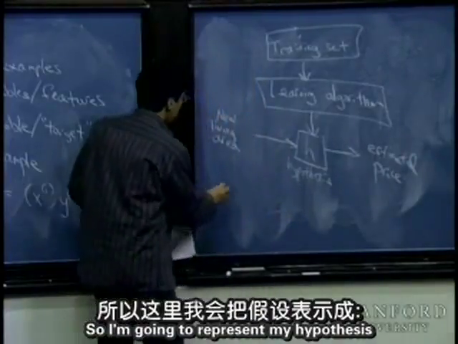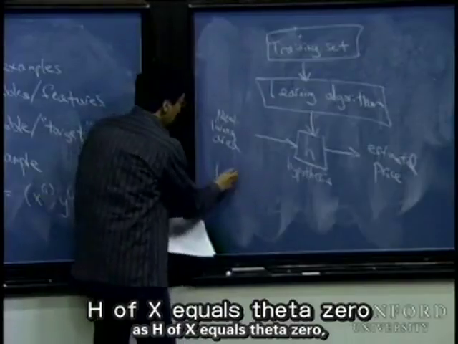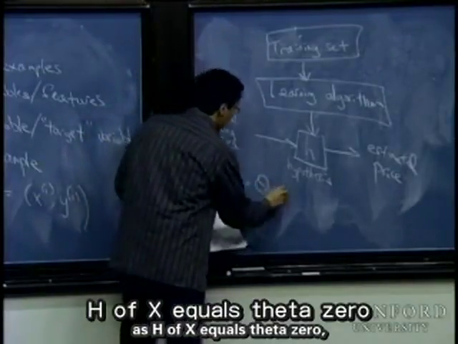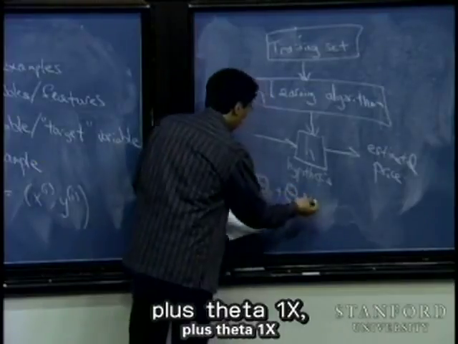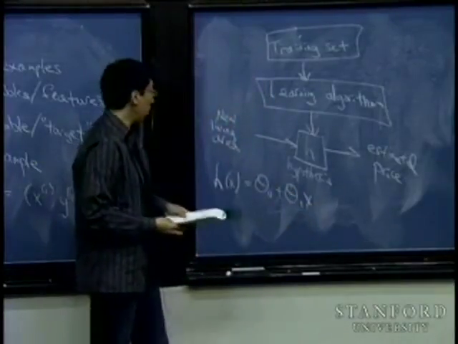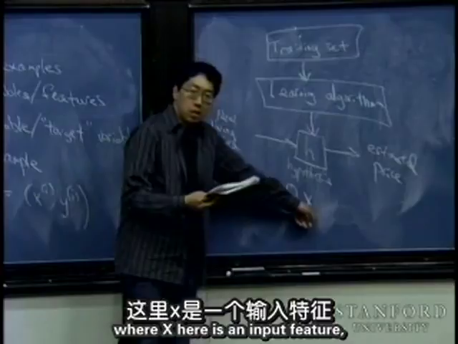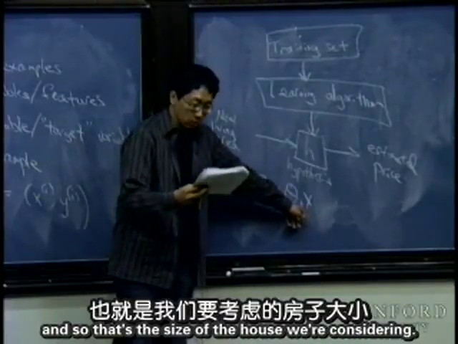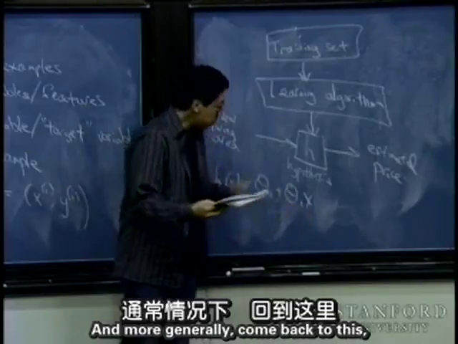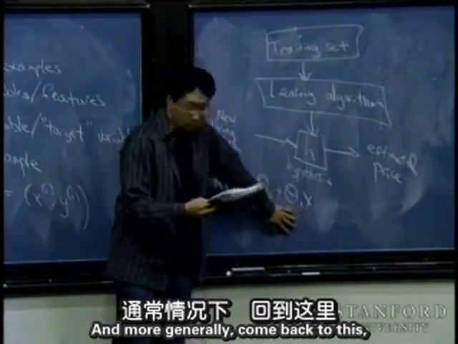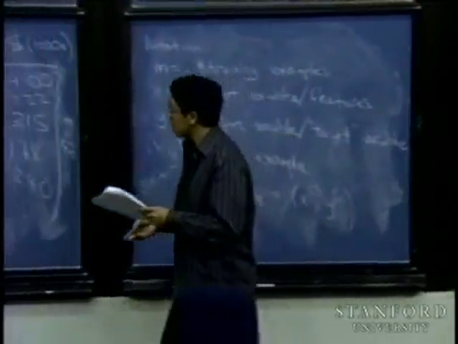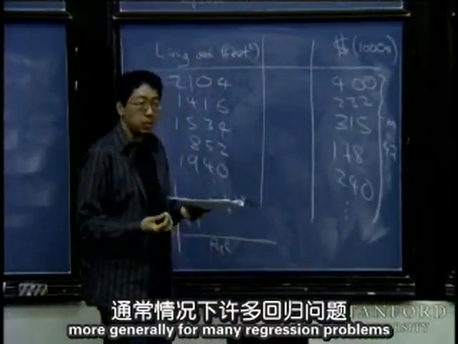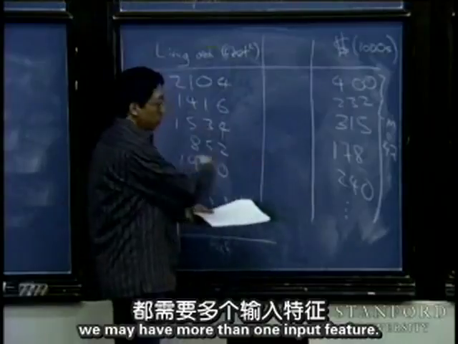So I'm going to represent my hypothesis as h of x equals theta 0 plus theta 1 x, where x here is our input feature, and so that's the size of the house we're considering. And more generally, I'm going to come back to this.